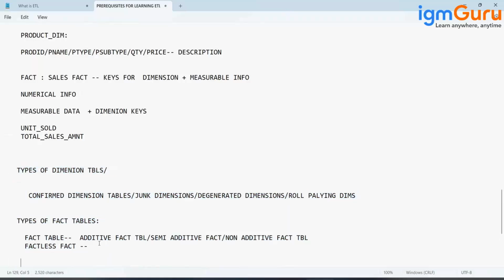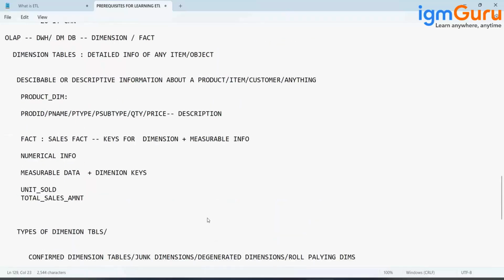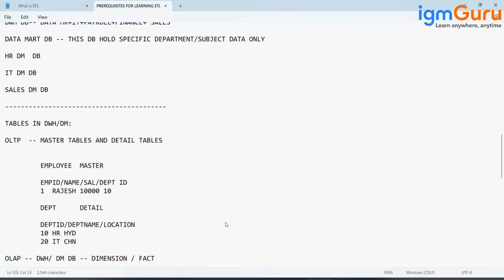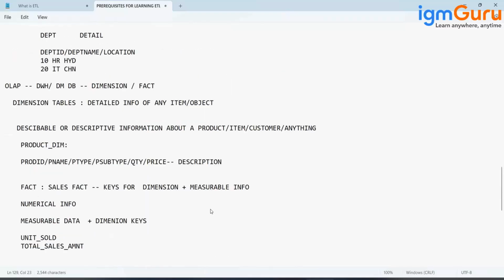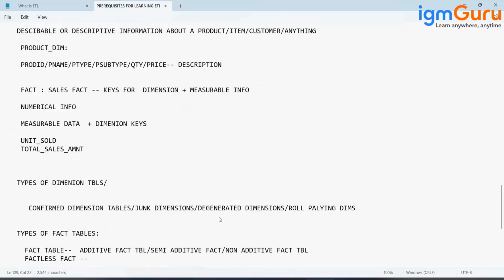And coming to data marts, types of data marts.